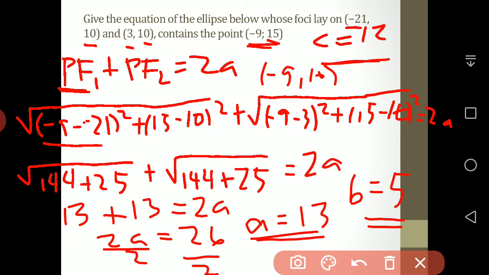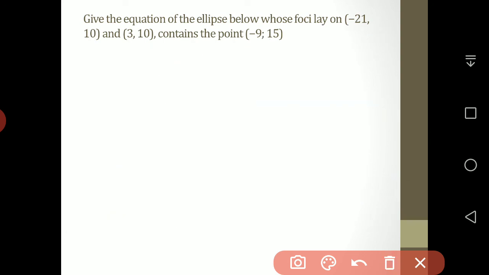So what will be our equation here? This is a horizontal ellipse, so our equation will look like this. Again, the center is at (-9, 10).